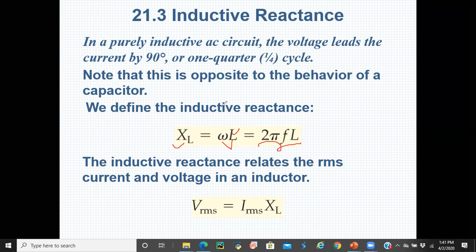If you have the value of inductance and frequency, then you will get the inductive reactance. Same as Ohm's law, we can write the voltage equation for inductive reactance: the root mean square voltage is equal to the root mean square current times the inductive reactance.